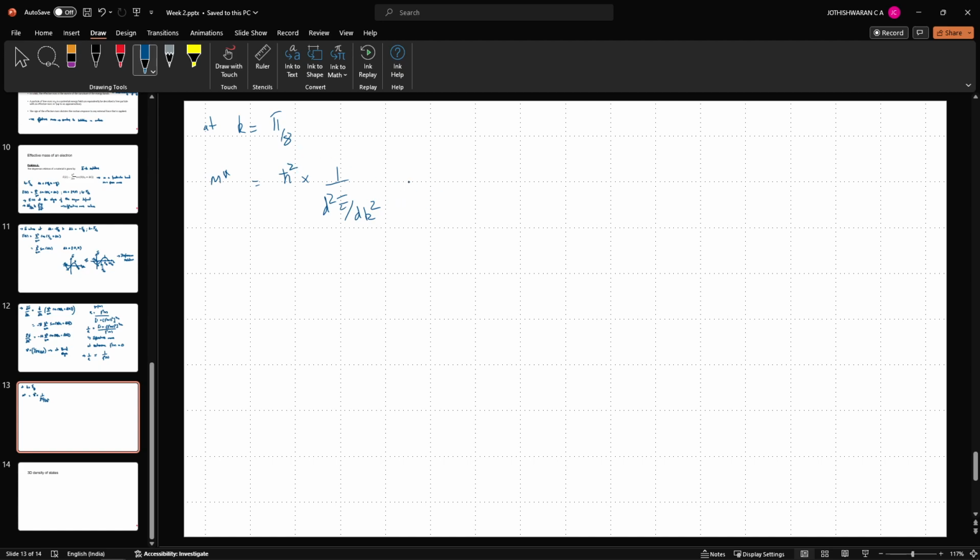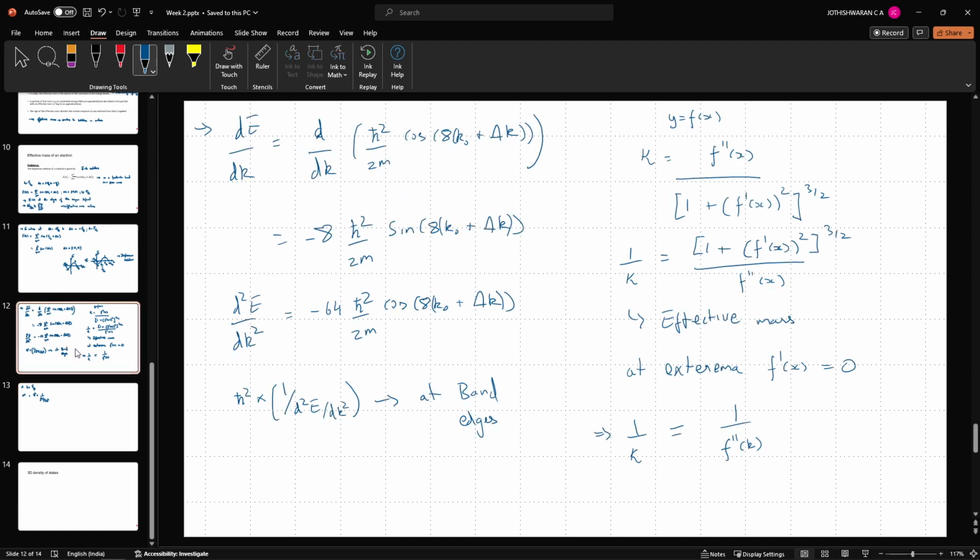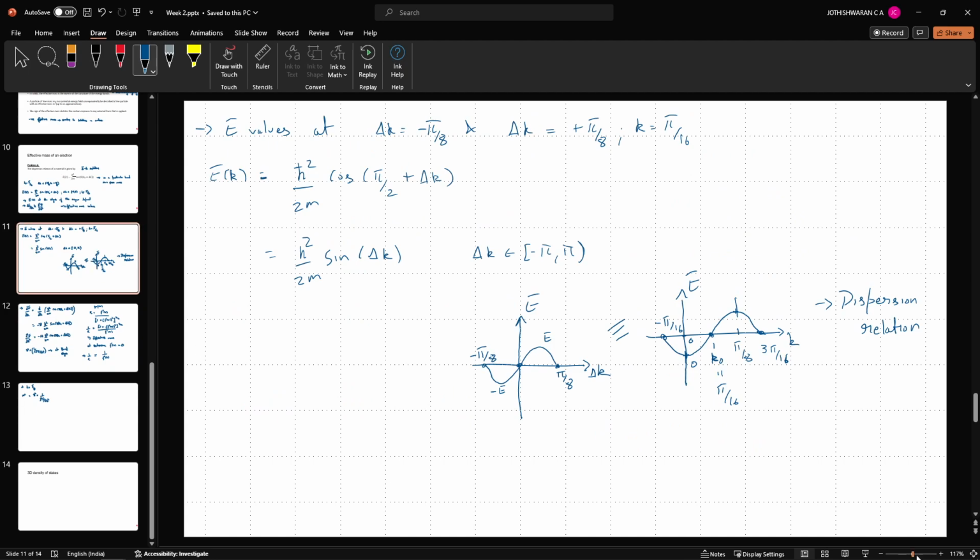What is d square e? That is this quantity. Now at k equal to pi by 8, which corresponds to delta k equal to pi by 16, this whole quantity k naught plus delta k will come out to be pi by 8.